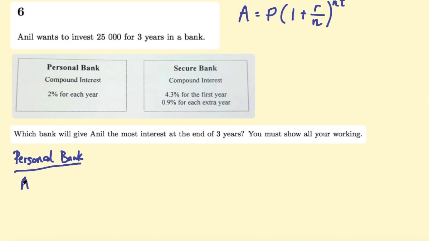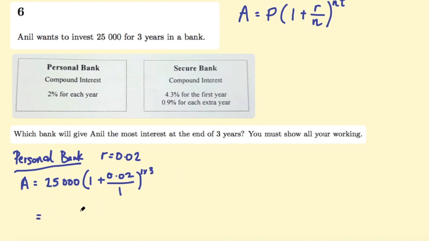So our amount after 3 years will be the principal, which we start with, which is 25,000, multiplied by 1 plus the rate, and we have to change that to a decimal, so this rate here is going to be 0.02 as a decimal, over the number of times it compounds per year. So it tells us that it's 2% for each year, so it's compounding once per year, and then we get again that 1 times the number of years, which is 3.